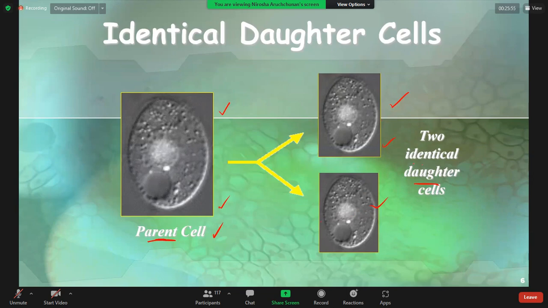That's why we say identical daughter cells. So please be clear on the scientific words. You know the things, you know the idea, but the words and the terminology will give you difficulties, right?